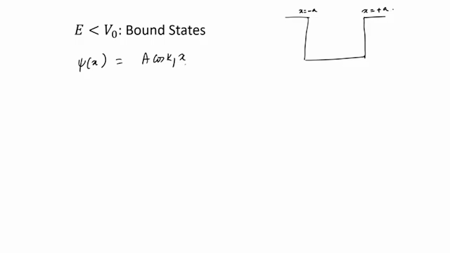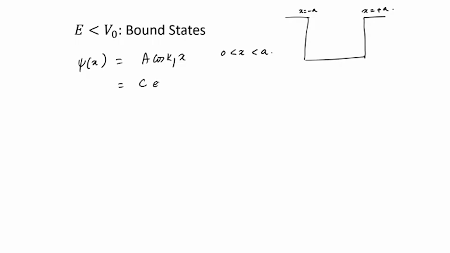So, it is a cos k1x for 0 less than x less than a, and this is equal to, well, I am writing it as k1 and k2 instead of k and k', but I will define what k1 and k2 are.